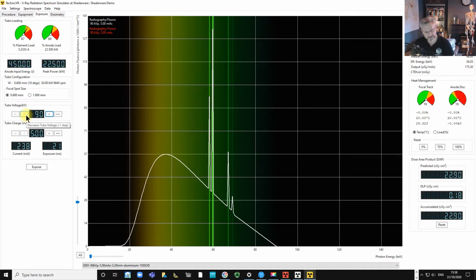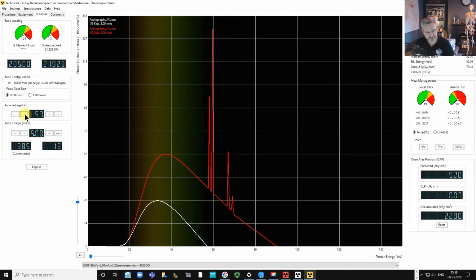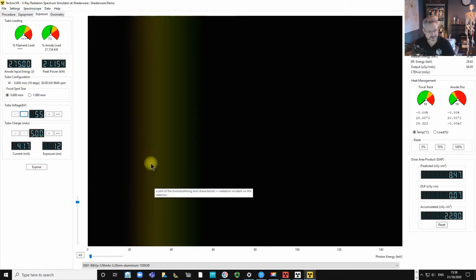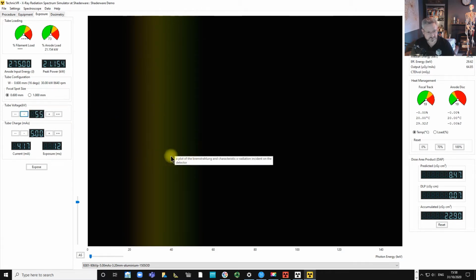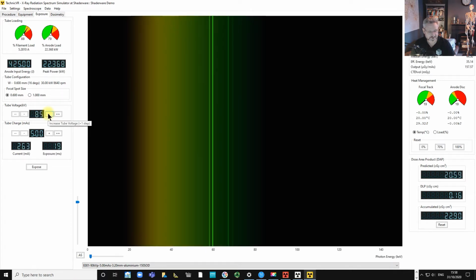Okay, so when I drop the tube voltage now, you can see that two things are happening. You can see that it's getting dimmer. In fact, let's take the plot lines away. As I drop the tube voltage, we get less radiation. If we increase it, we get more radiation.